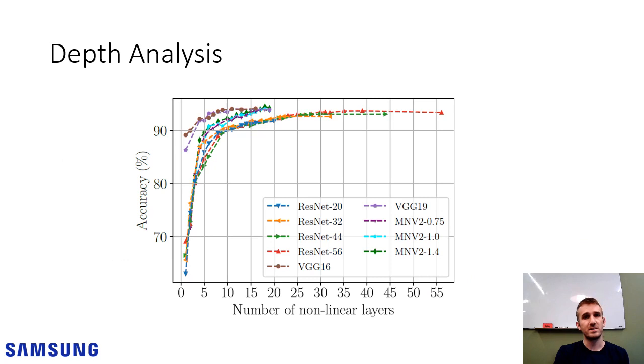We also performed extensive experiments on other common architectures such as ResNet and VGG on the CIFAR datasets. We demonstrate how hyperparameter tuning allows us to optimize the accuracy-depth trade-off according to the researcher's needs.